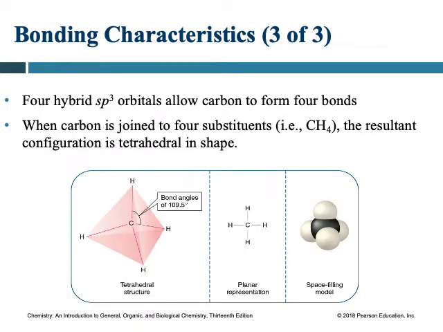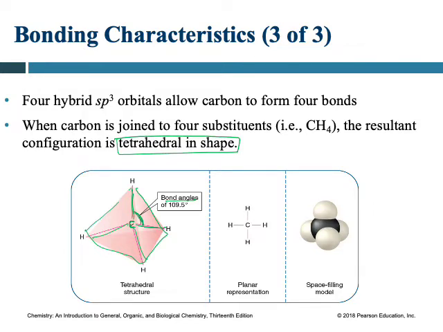Get to the next slide, which is again bonding characteristics. So this is the same explanation that I already told you. If any compound or any atom has 4 bonds, let's say in this case carbon has 4 bonds, they always form a tetrahedral shape. So what is a tetrahedral shape? This is a tetrahedral shape, and here you have the bond angle. The bond angle is between 2 consecutive bonds. So this is one bond, this is the second bond. What is the angle between 2 consecutive bonds?